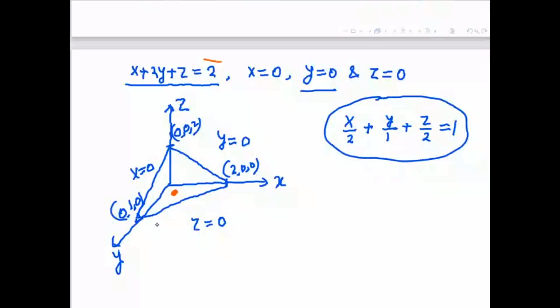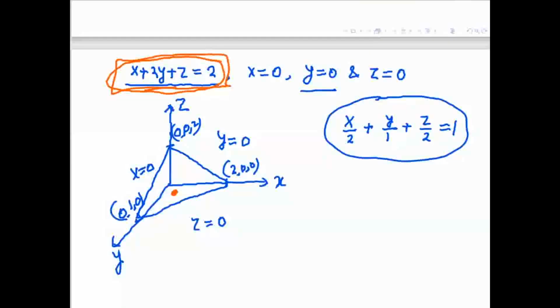It will not go up to 2, because on the top, this plane is there. Yes or no? So suppose you are inside this region, at this floor. It is this one, x plus 2y plus z equal to 2.